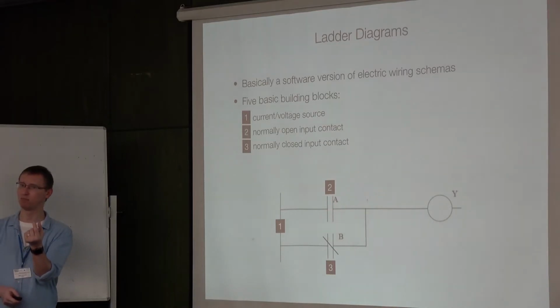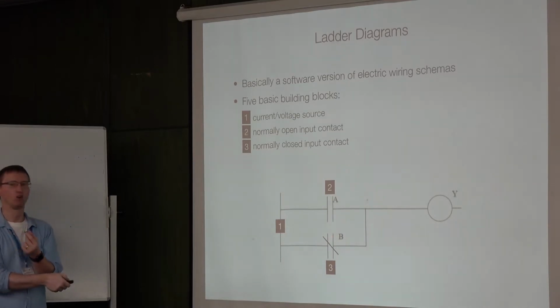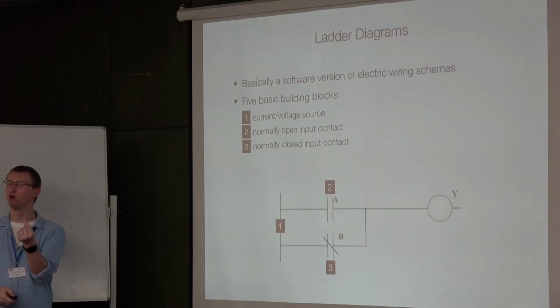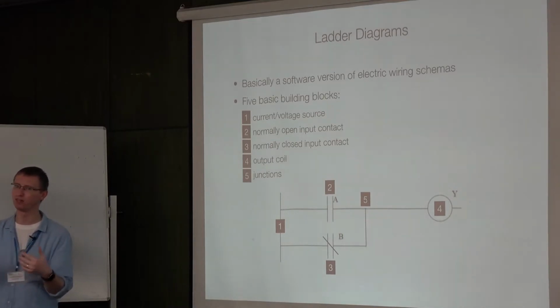So it's a binary kind of push button, which is normally open and it can close. And this one is normally closed, and so if there is no power, it's closed. If there is power, it's open. Okay? Then we have the output coil, which energizes the control device. And then we have junctions, which later on will allow us to form a more complex switching logic.